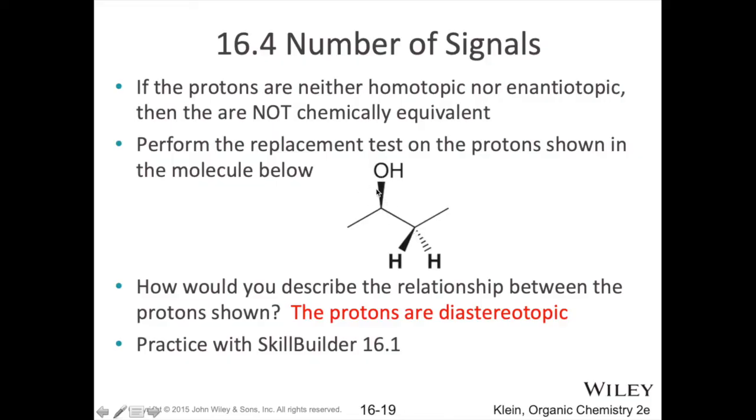Your alcohol group would still be sticking out on this side on both your models, and therefore it would not be a mirror image. So it's not enantiotopic, and obviously it's not homotopic either, and that's why it's diastereotopic. If you turn this into a chiral center, we've got two chiral centers there. While this one's flipped, this one isn't. Hence the name diastereotopic.